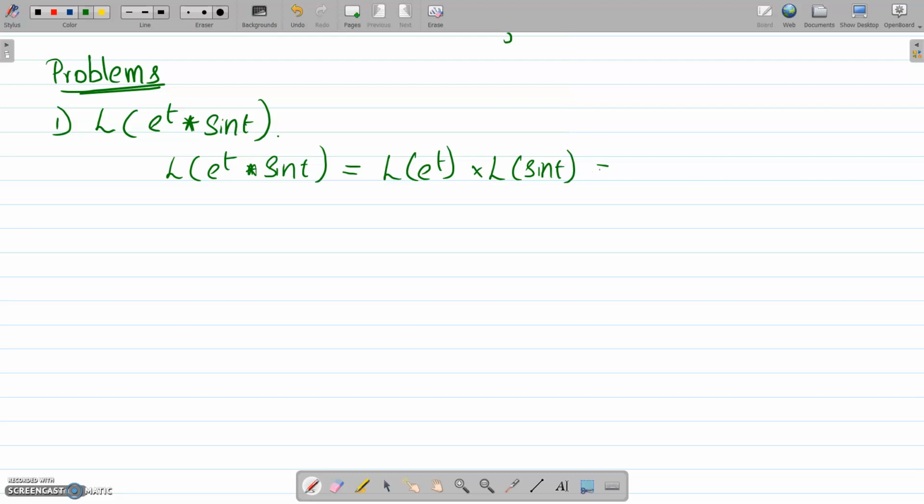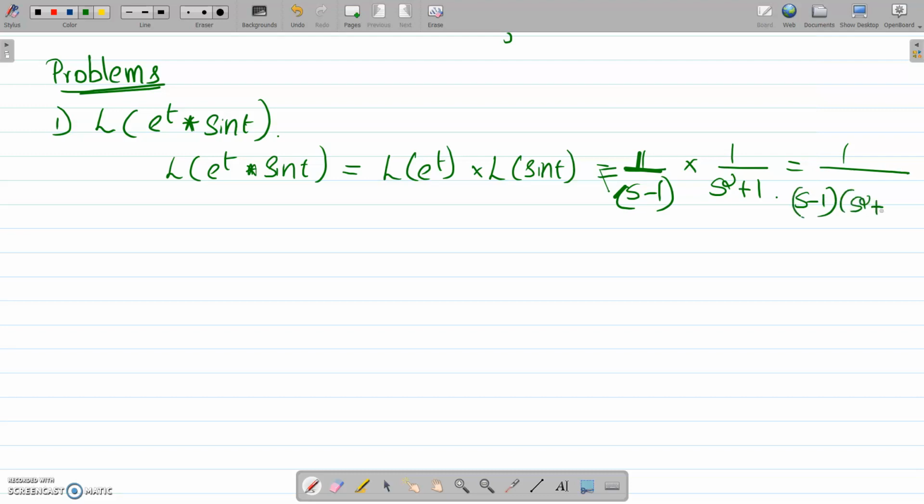The Laplace transform of e raised to t is 1 by s minus 1, and the Laplace transform of sin t is 1 by s square plus 1. So this is 1 by s minus 1 into s square plus 1.